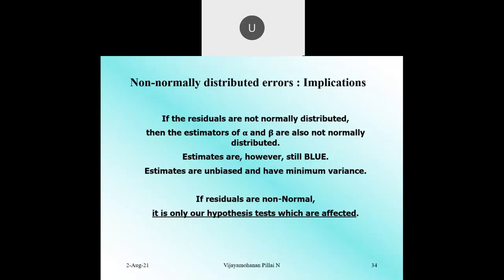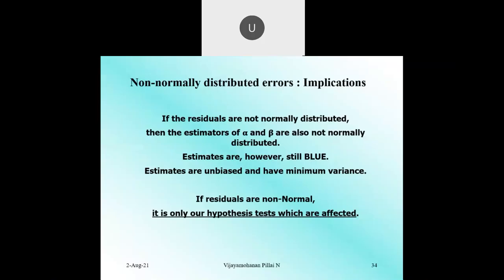Now the problem with non-normal residuals is that we are not able to do our hypothesis tests. So it is only the hypothesis tests which are affected by the violation of this assumption. That is, alpha and beta are normally distributed only if the residuals are normally distributed.